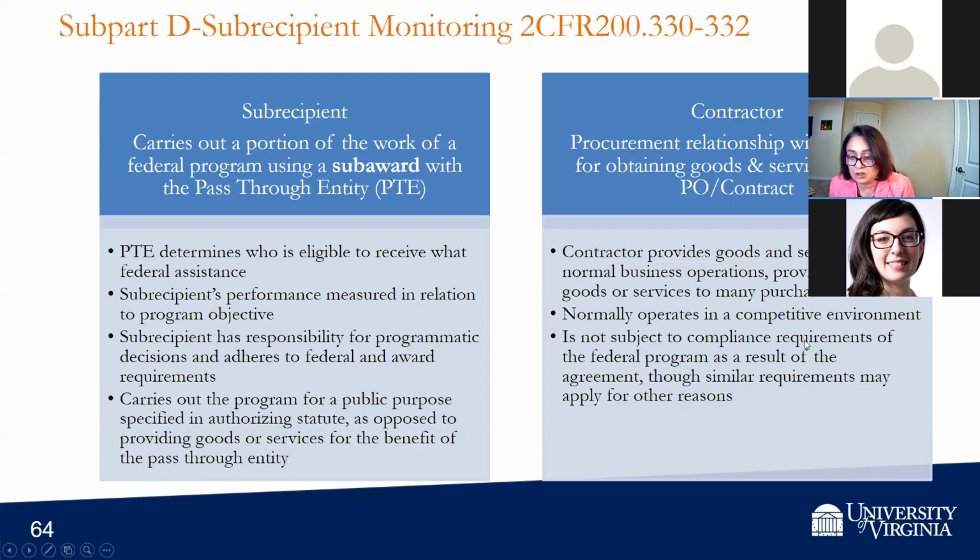A vendor contract is not subject to compliance requirements of the federal program. So a vendor contract will say, hey, you're purchasing this Dell computer for $4,000. We buy it under a purchase order, and that's it. Whether they are going to spend that $4,000 following any kind of federal cost principles doesn't matter.